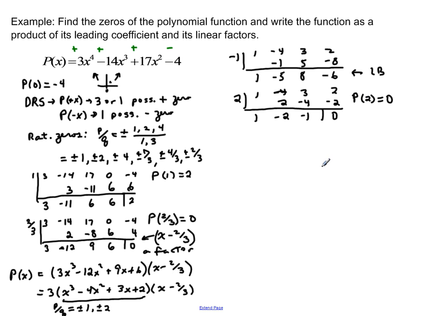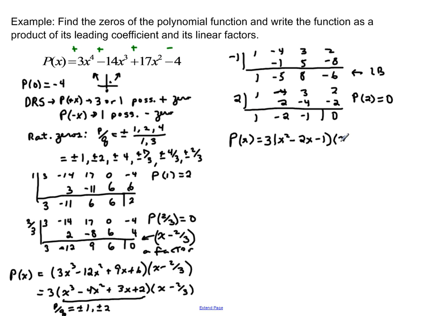And what else have we found? Well, we've now found that P of x, when we factor it, will be equal to 3 times x squared minus 2x minus 1. Right? Remember, these are the coefficients for a third-degree polynomial, so you're dividing away a first-degree polynomial, leaving a second-degree polynomial.